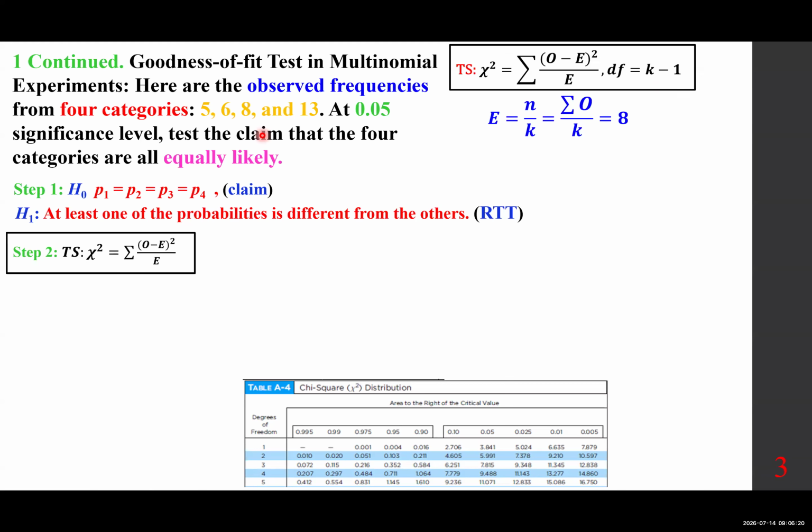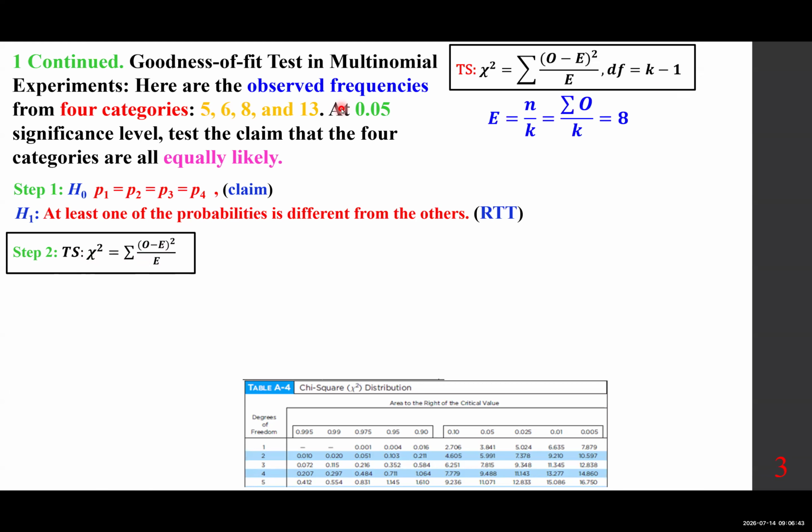So test statistic chi-squared is summation of observed value minus expected value quantity squared over E. In other words, we start with this one, 5 minus 8 quantity squared divided by E, which is 8, plus 6 minus 8 quantity squared plus 8 minus 8 quantity squared plus 13 minus 8 quantity squared.